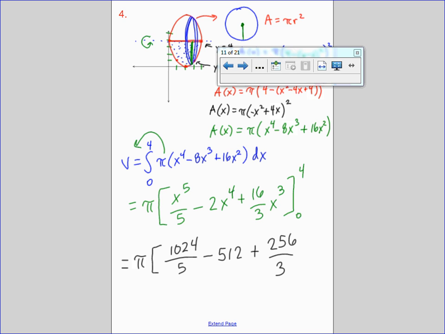I'm using a calculator because, you guys getting it? 16/3 times 4 cubed, what's that? 1024?